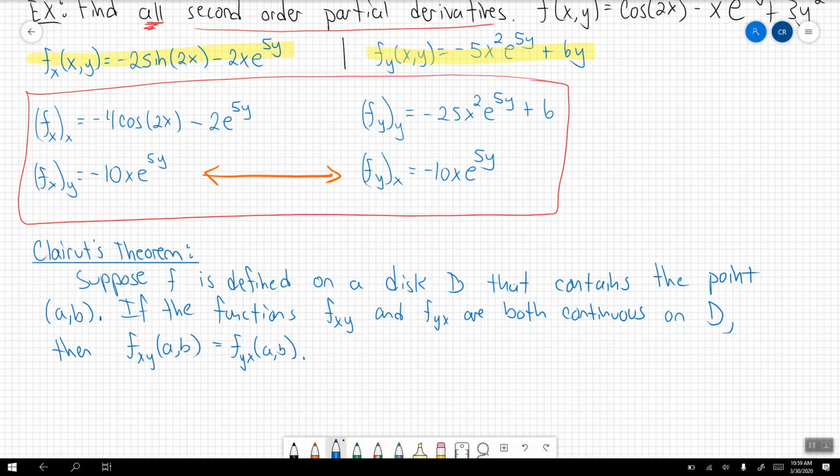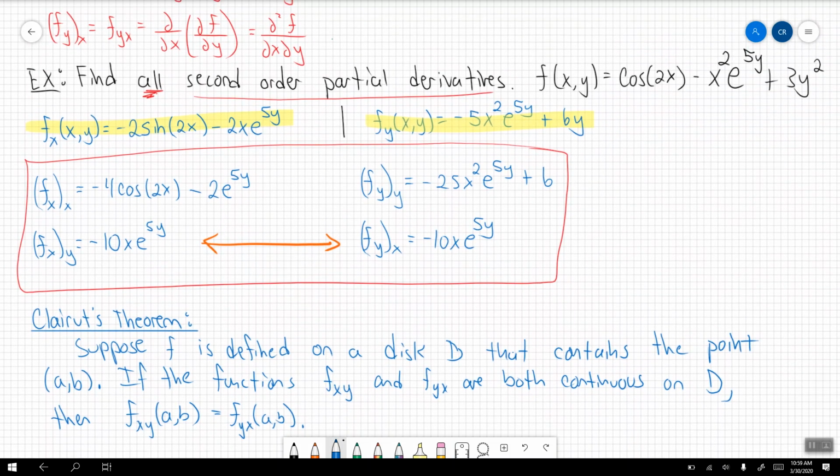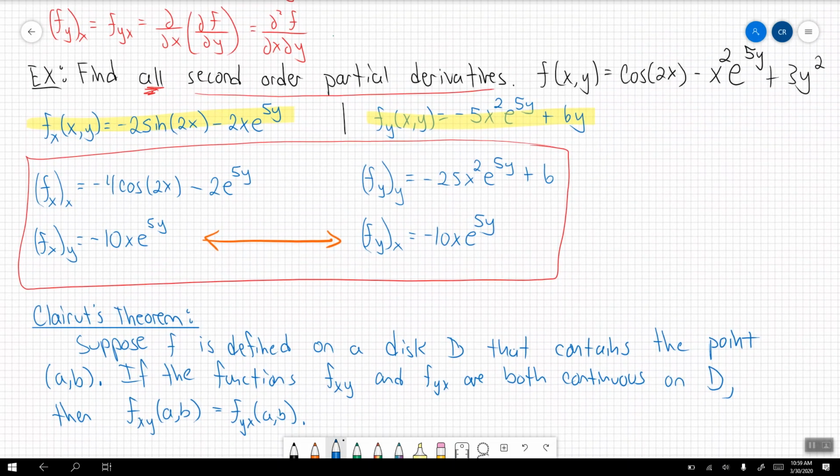Now, what we have to look at here for Clairaut's theorem is basically the function that we were observing in the previous example. We then have to identify, where is this function continuous? Well, cosine of 2x, no restrictions, that's continuous everywhere for the x's. X squared, once again continuous, multiplied by e to the 5y. E to the 5y is again a function that's continuous everywhere for the variables.